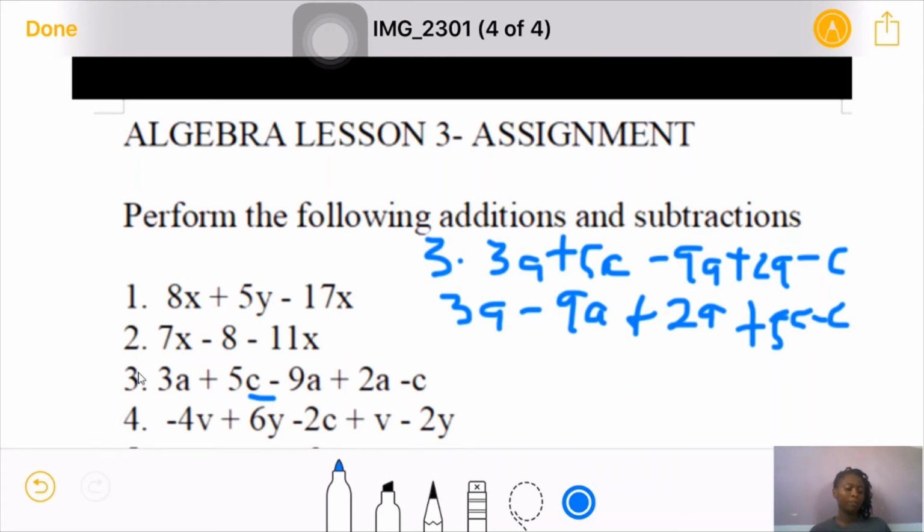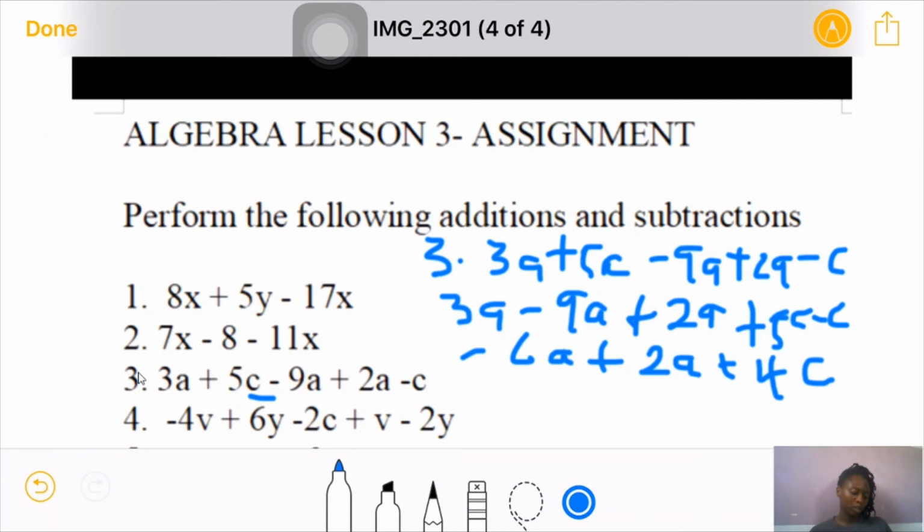So 3a minus 9a. So I have 3 cedis and I have to pay off 9 cedis. I'll be left with minus 6a plus 2a. Then I have 5c and I have to pay off 1. Coefficient of c is 1. So that's 5 minus 1, which is 4c. So positive 4c is my answer.